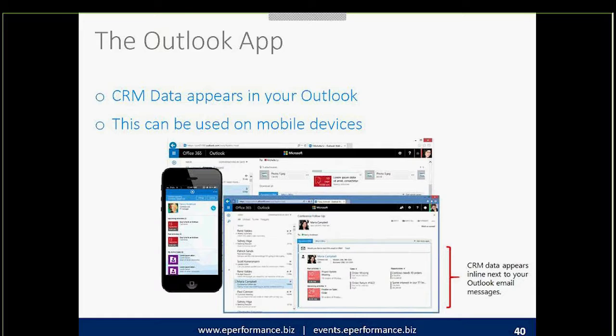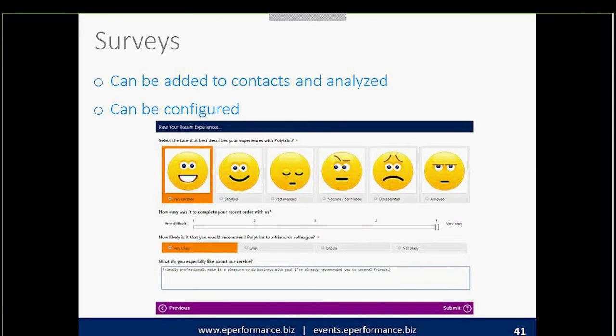Other things that you can do that are quite helpful nowadays are that you need to survey people based on their experiences in CRM for 100 different reasons. Well, surveys can now be added to contacts and analyzed, and they can be configured. Here's an example, very broad, of the type of survey you might want to give to people. And it's really key to note that there isn't an additional user license for surveys, whereas if you use a portal, like maybe ADX or something, there are licensing considerations associated with how many people are going to be accessing this.